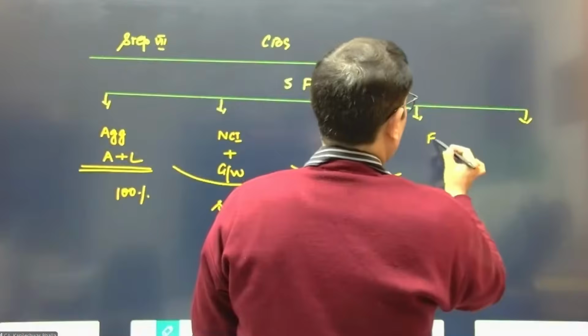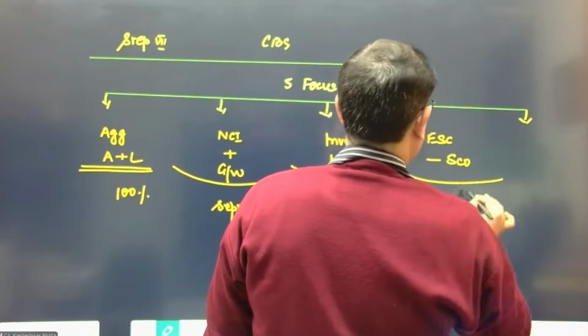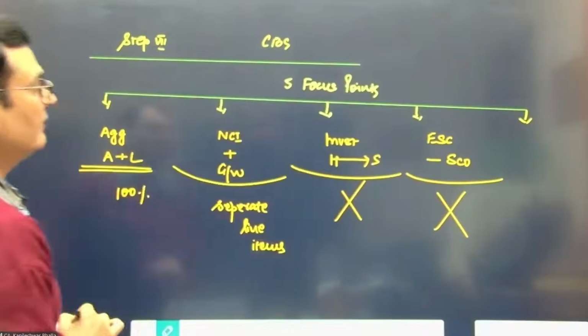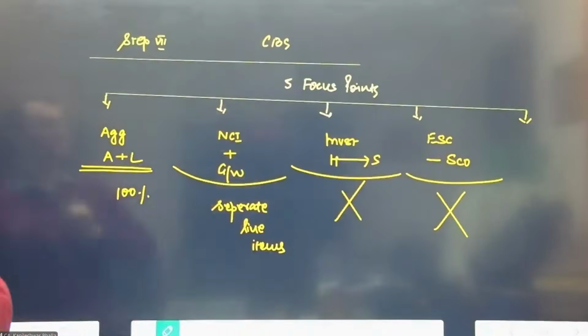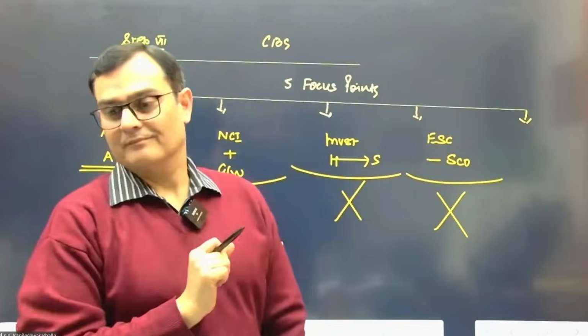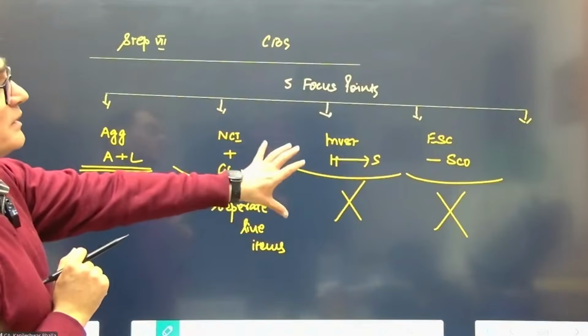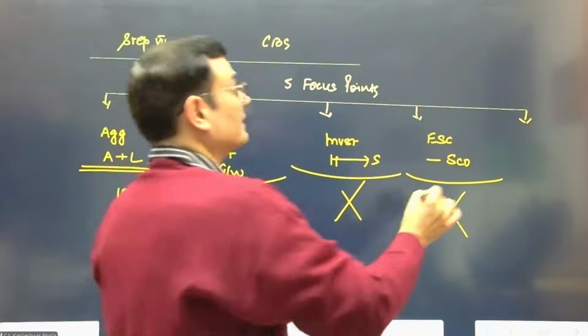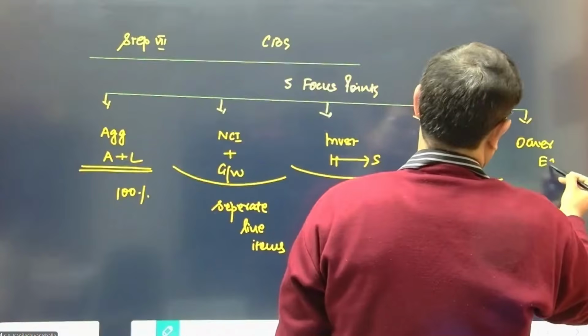Next, the equity share capital of the subsidiary company does not appear in the consolidation. So we decided investment doesn't appear, equity share capital doesn't appear, and then other equity of the subsidiary doesn't appear.